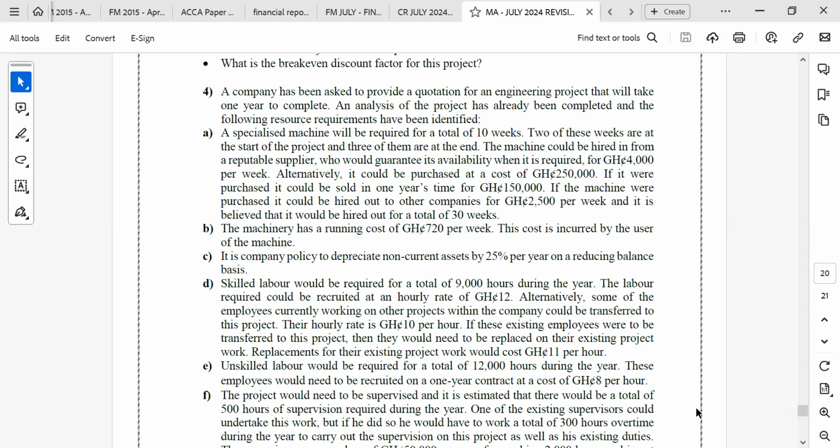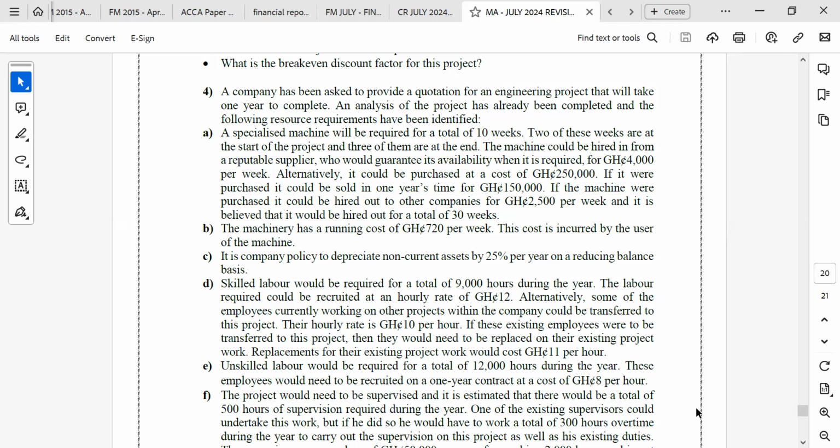So what will be the cost of purchasing? That will be 100,000, isn't it? Okay, so we will be incurring a cost of 100,000, and let's move on.